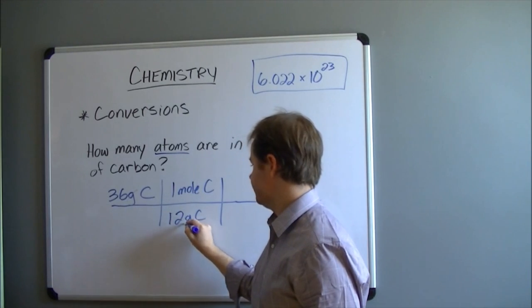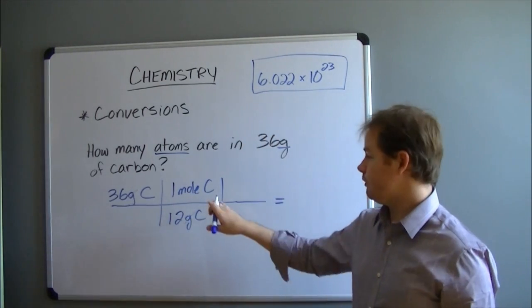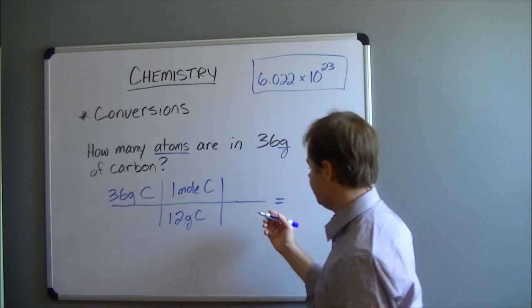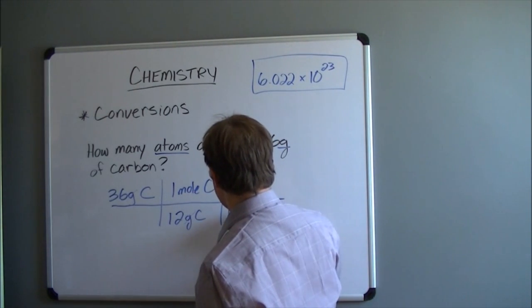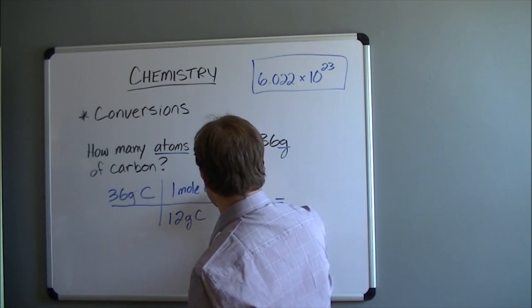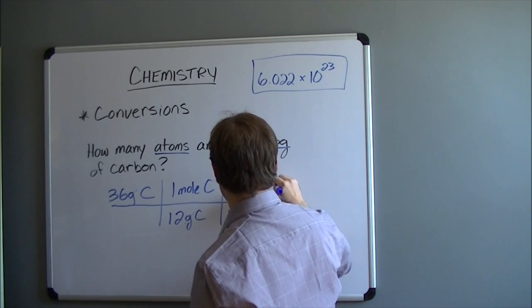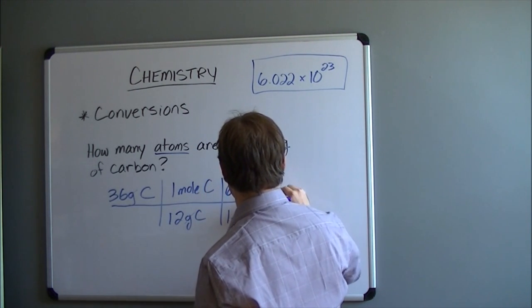And now that we have moles as our units that we're left with once we cancel out our grams, now we can convert from moles into atoms using Avogadro's number. So here 1 mole of carbon, and this is true of any element, 1 mole represents 6.022 times 10 to the 23rd atoms.